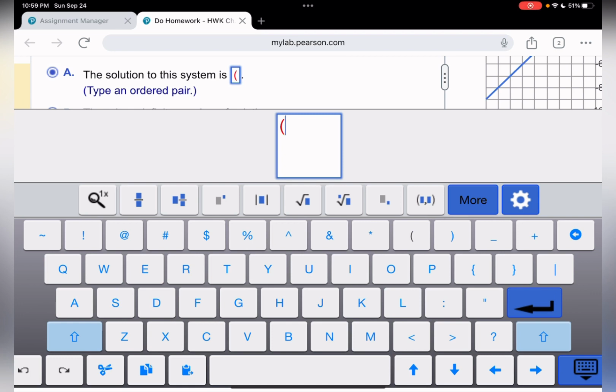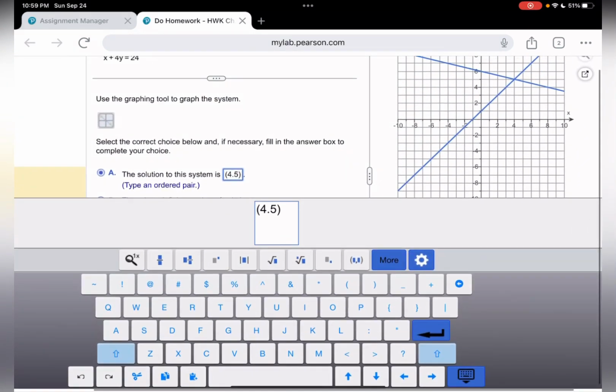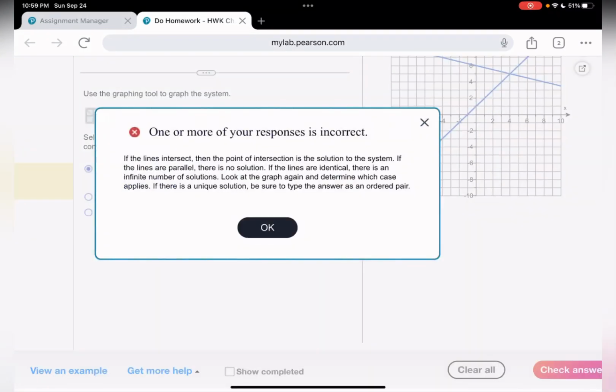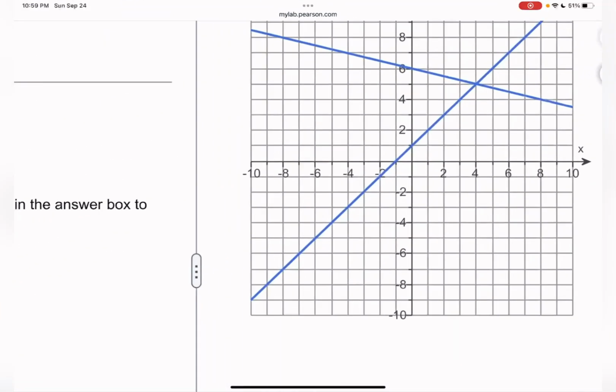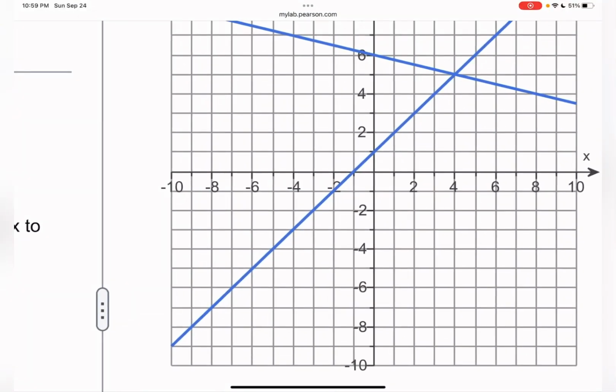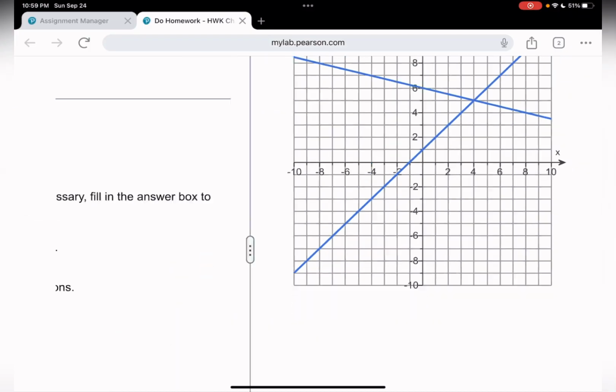So it was 4, let me see, 4 and 5, yes. No, let me check one more time. X is 4, the other one is 5.